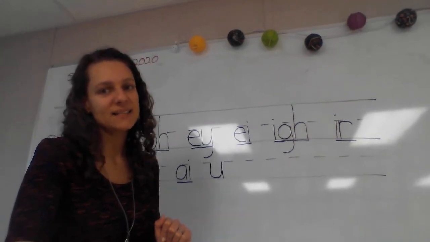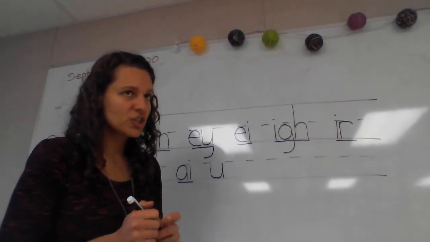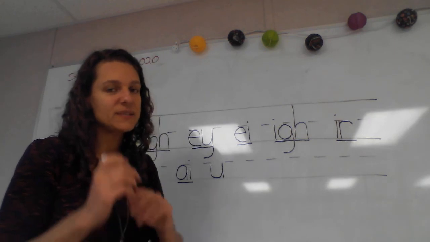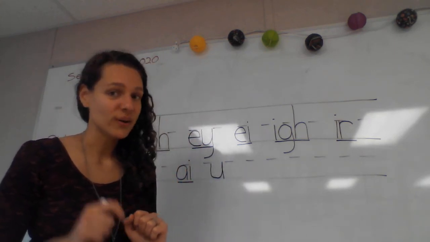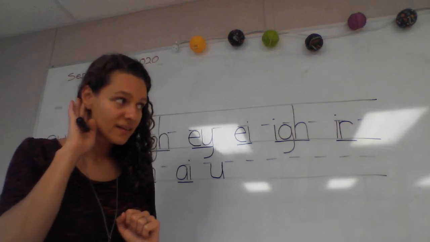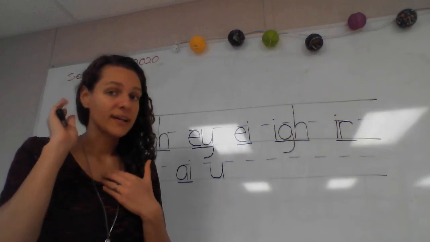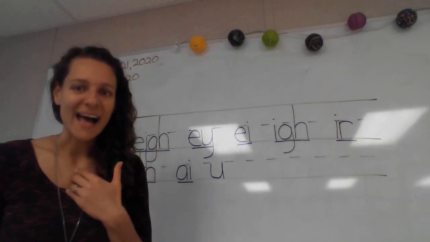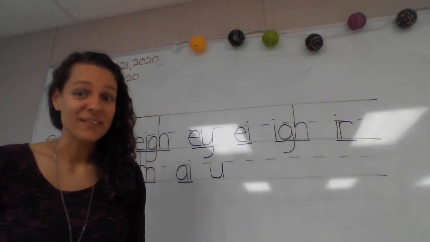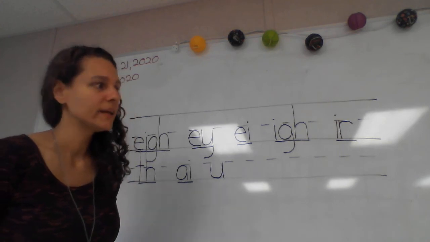All right, our last phonogram is ch, three-letter ch, used after a single vowel that says a, or a. What are you going to write? Good. Ch, three-letter ch, used after a single vowel that says a, or a. All right, write it and say it while you write it.